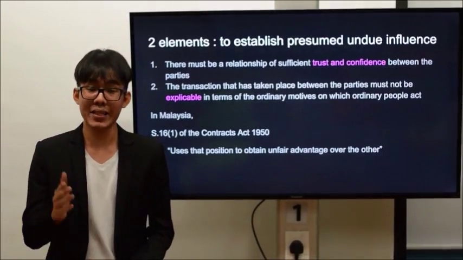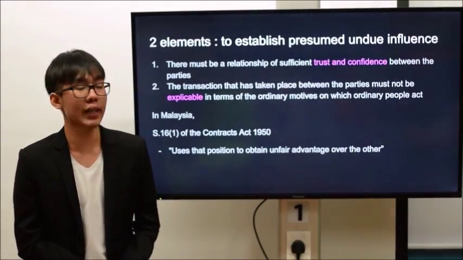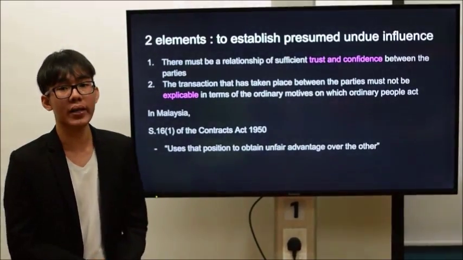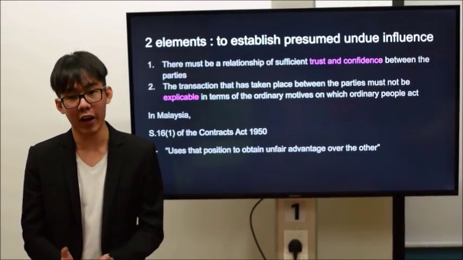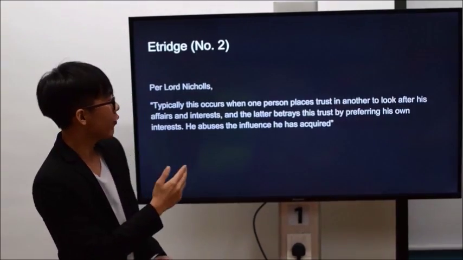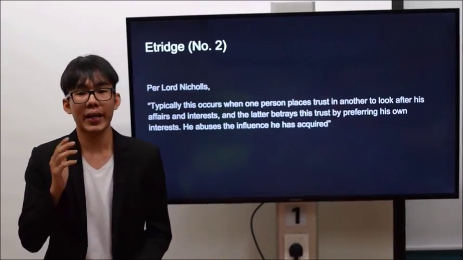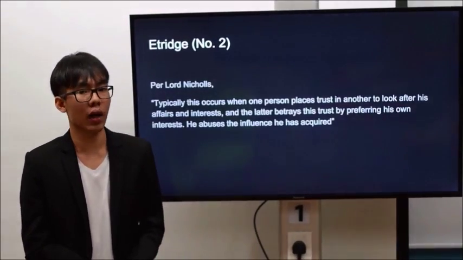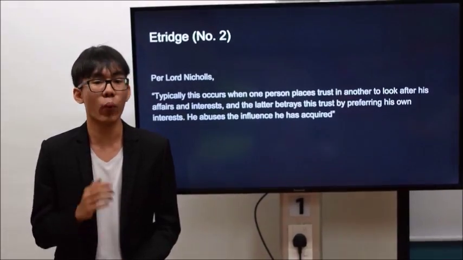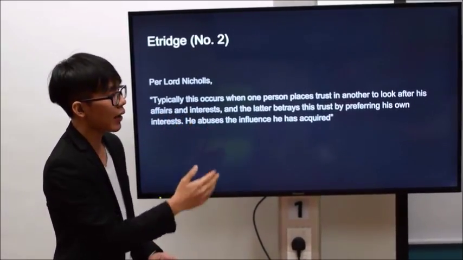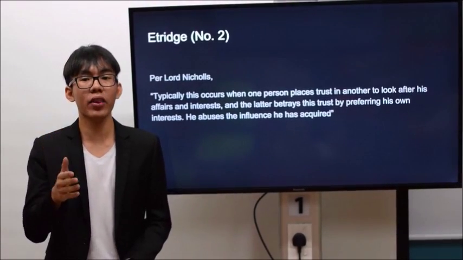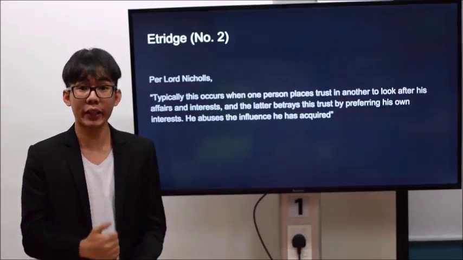The Malaysian approach is the same as the English, as Section 16(1) of the Contracts Act 1950 expressly requires the presence of unfair advantage to the wrongdoer. The reason for the presence of unfair advantage is because, as noted by Lord Nicholls in Etridge, undue influence typically occurs when one person places trust in another to look after his affairs and interests, and the latter betrays his trust by preferring his own interest.